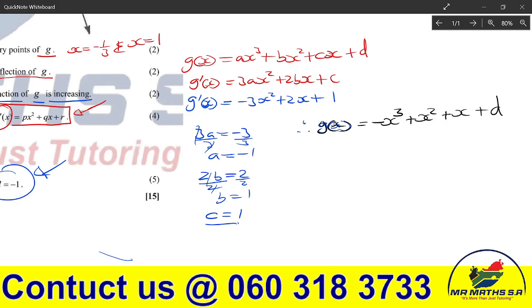Then what are you saying? I'm saying that in place of x, since we know that d is a y-intercept, we're going to substitute 0. So you say let's look for g of 0.